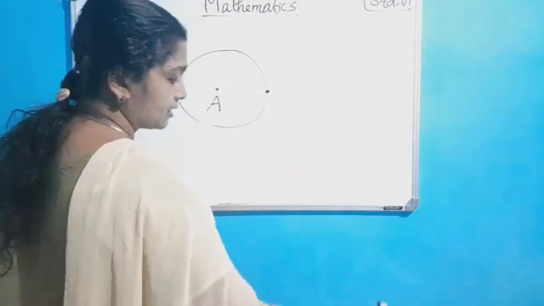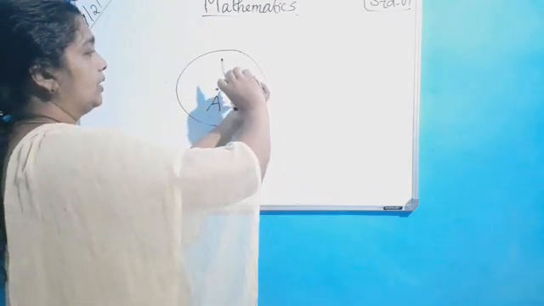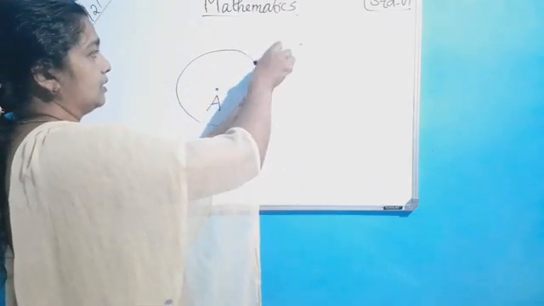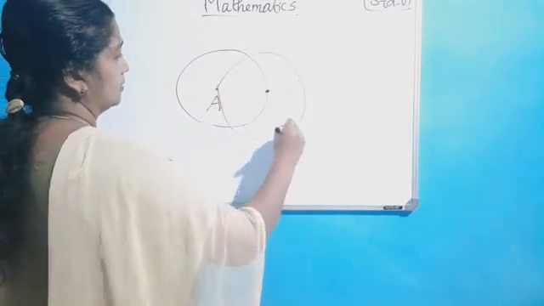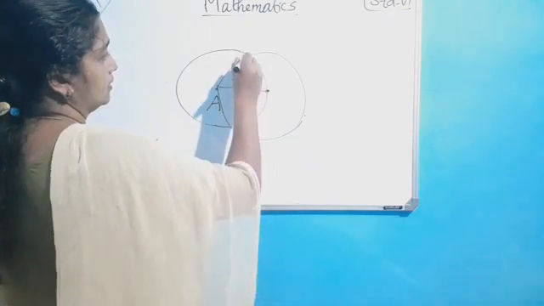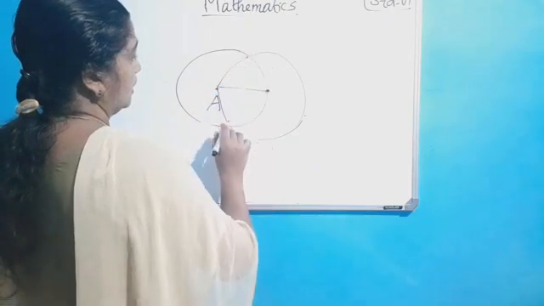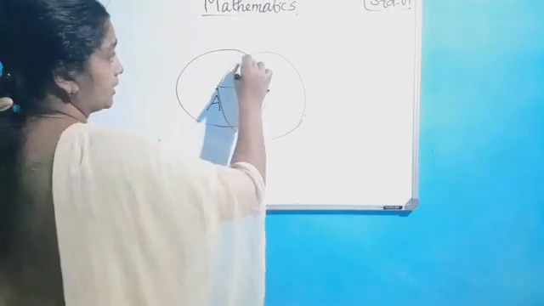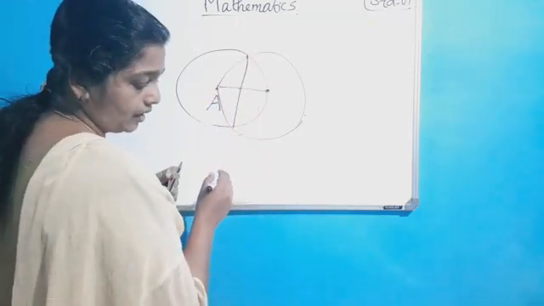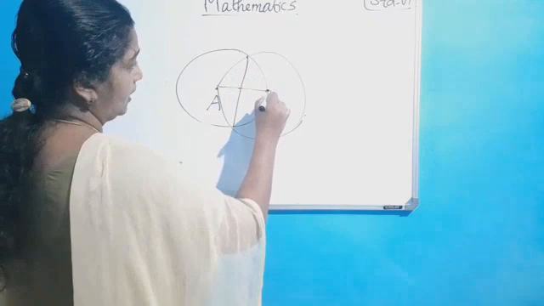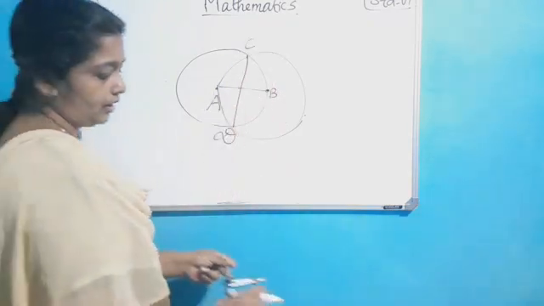Next take the compass. From this center draw the circle, and you will get this circle. Clear? Then join. I didn't take the correct measurement, but you will get the correct measurement. So you can draw the figure. Understand? Yes. Next question.